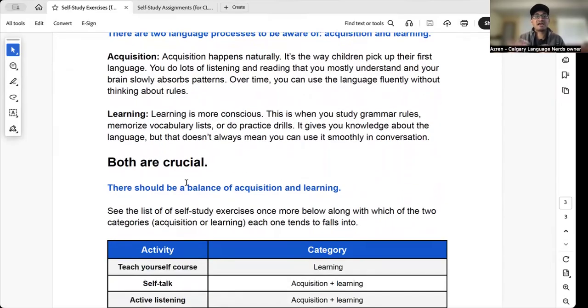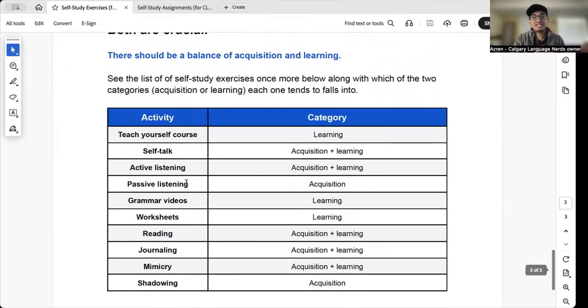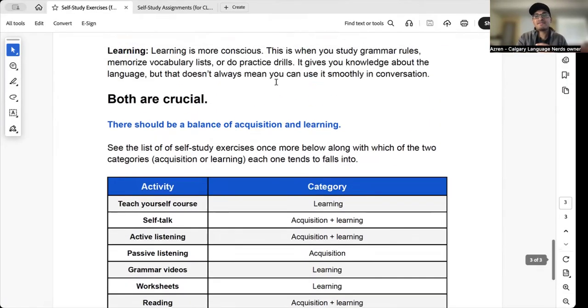As adults, if we balance acquisition with learning, that creates a really positive result. So we talked about how the 10 common self-study activities I provided, some of them are more learning focused, some of them are more acquisition focused, some of them balance both. So that's a really fast summary of yesterday's part one of this masterclass.